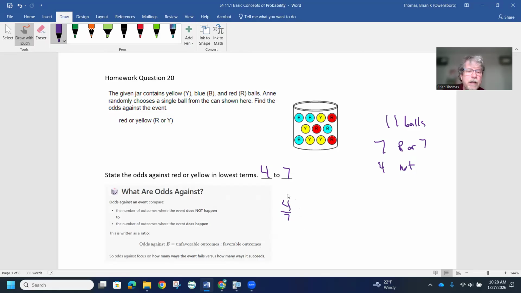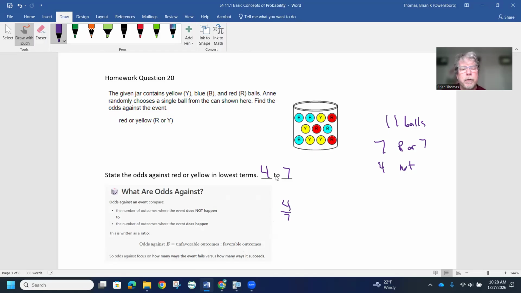So that's the difference between, again, probability and odds. Notice on the denominator of odds, it's not the total outcomes, it's the other side of the set. So the unfavorable to the favorable. So notice how they use a colon here. So ratios, we can use a colon, a fraction, or the word to.